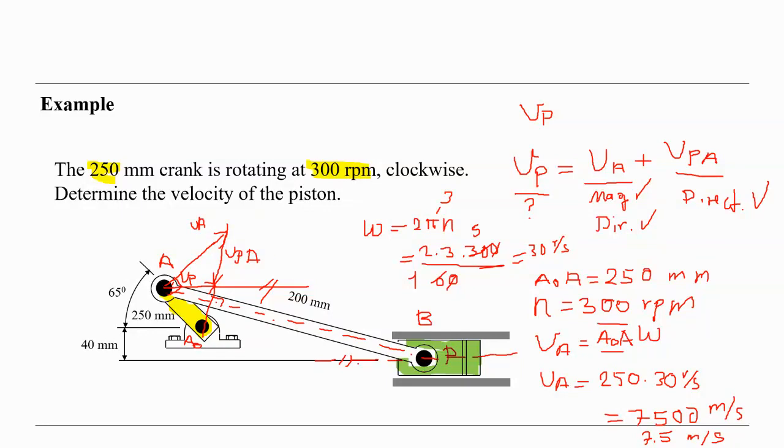So in that way we know the VP, the magnitude and direction of the linear velocity of the point P, the piston actually. So you see, it's not so complicated, quite easy. This is the graphical way we use to calculate the speed of the piston.